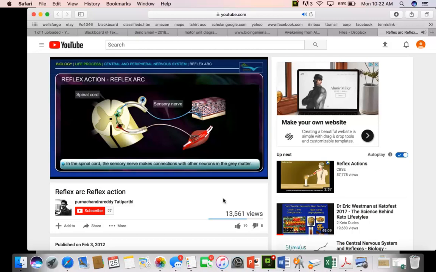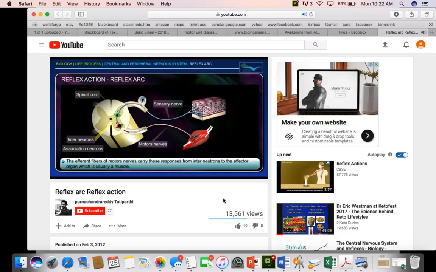In the spinal cord, the sensory nerve makes connections with other neurons in the gray matter. These neurons are called interneurons or association neurons. The neurons process the information and generate responses. The efferent fibers of motor nerves carry these responses from the inner neurons to the effector organ, which is usually a muscle. This makes the muscle contract.